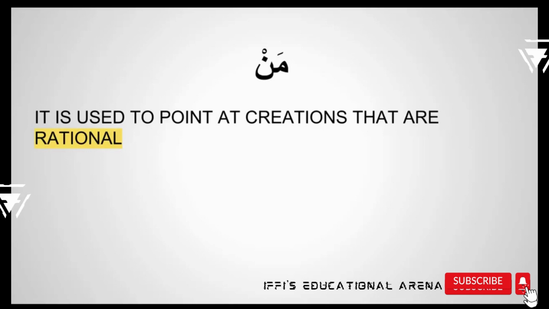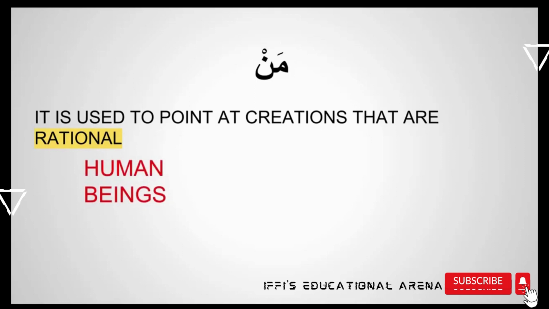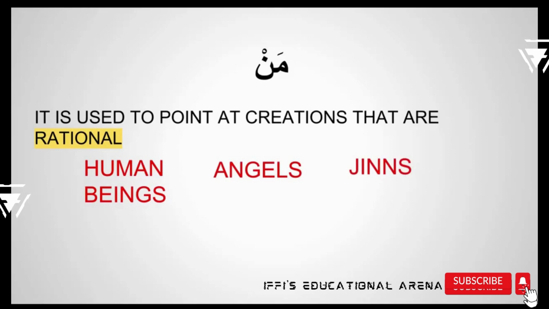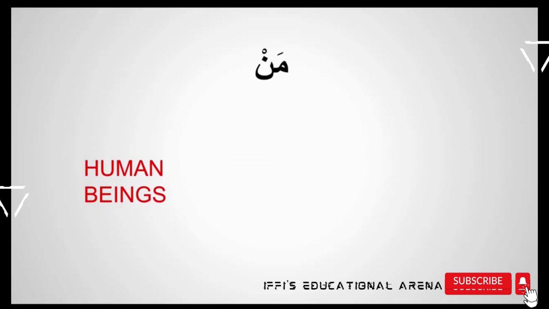That means they have intellect, they can think, reason and act upon. So man in Arabic is used with human beings, as it is also used for angels, and it is also used for jinns. So these are the rational beings which are created by Allah, and man is used to point at these three creations. Inshallah, today we'll be learning about human beings.